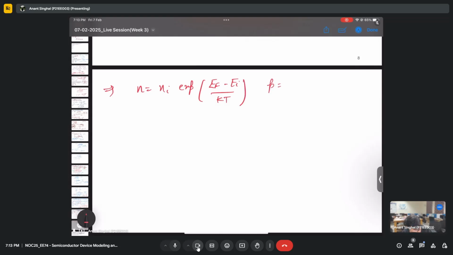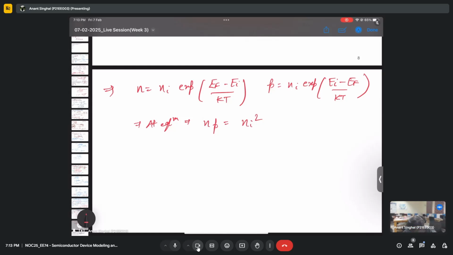And you also see p as ni exponential of EI minus EF over KT. So we know at equilibrium, what do we have? We have np equals ni square, right?